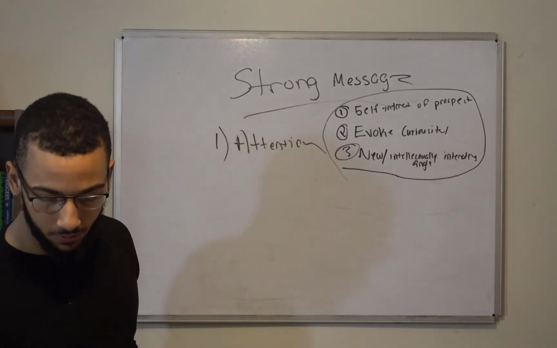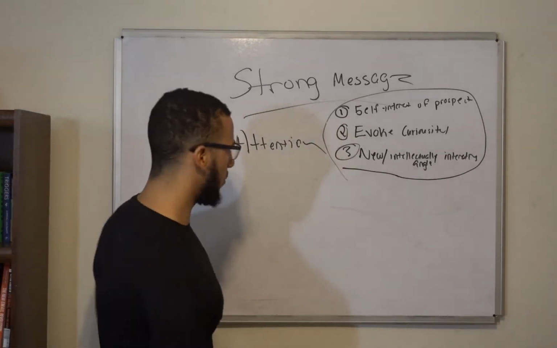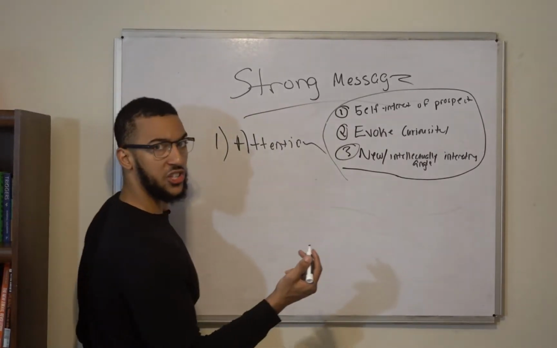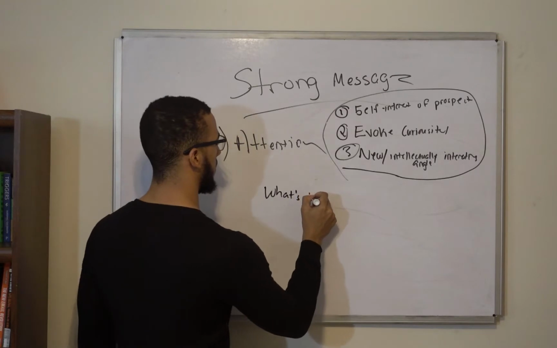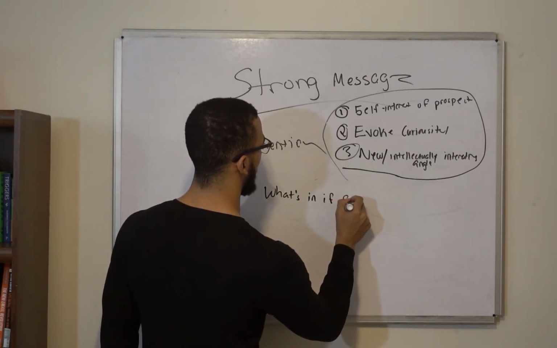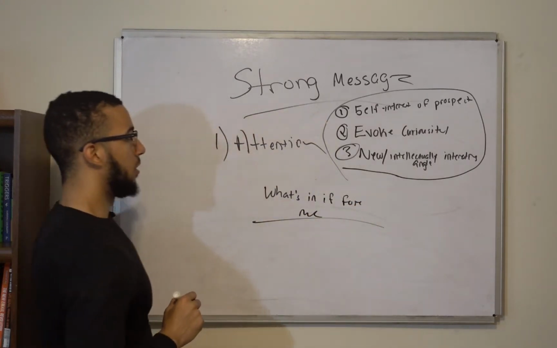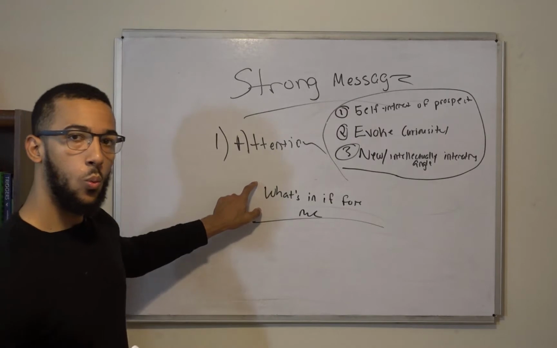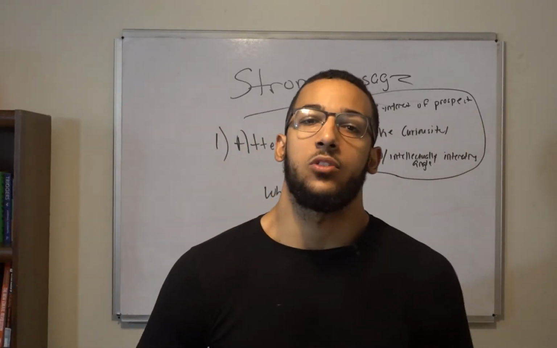So, for example, right? One thing in marketing, as you may know, is you always have to answer the question, what's in it for me, right? So what we're trying to do with headlines, and think about this for a second, why am I talking about headlines?